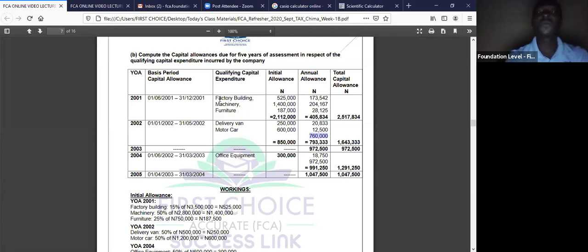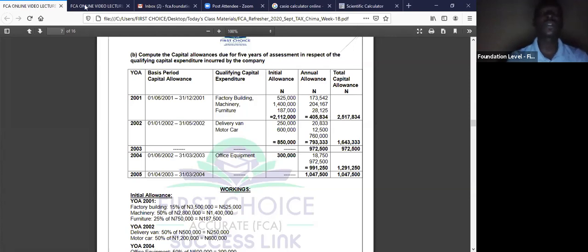Remember, factory building was bought in 2001. So you find annual allowance for 2001, which we've done. We'll also find annual allowance for 2002. Remember, in 2001, we used only a fraction of it because it was not used for the whole full year. But in 2002, factory building, machine, and furniture are being used for the whole basis period.